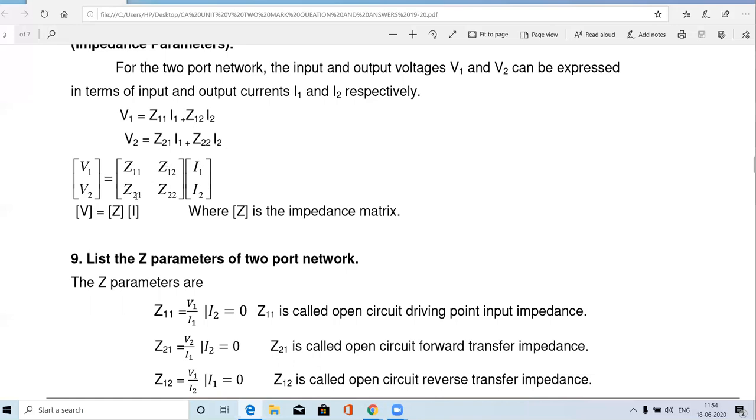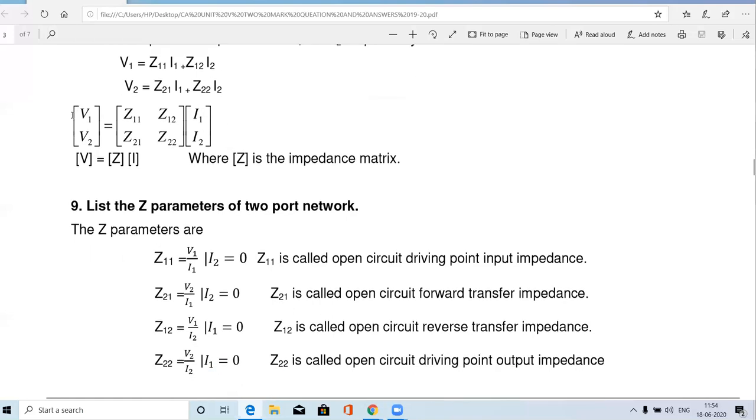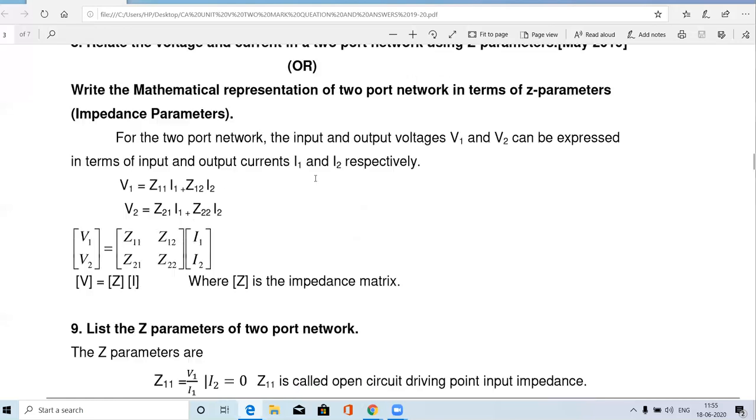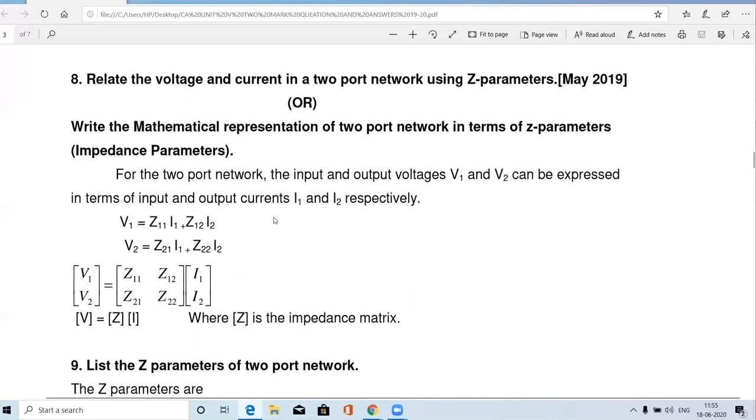Similarly, in the second equation, Z21 and Z22. So these two equations can be written in matrix form, shortly written as V matrix equals Z matrix into I matrix. The Z matrix is called the impedance matrix, a 2 by 2 matrix of Z11, Z12, Z21, Z22. These two equations are called the Z parameter equations.